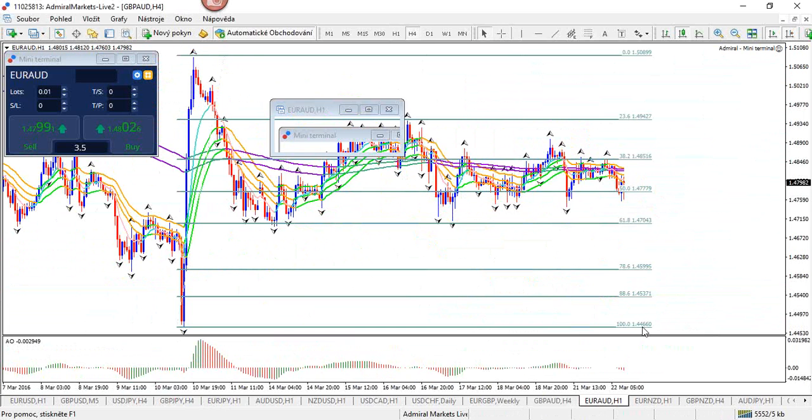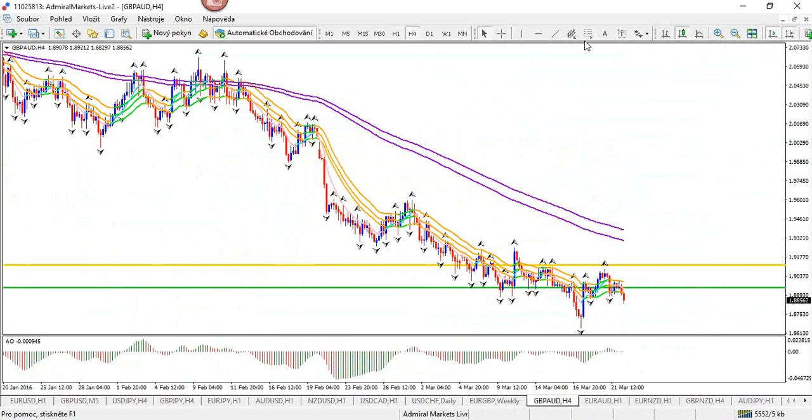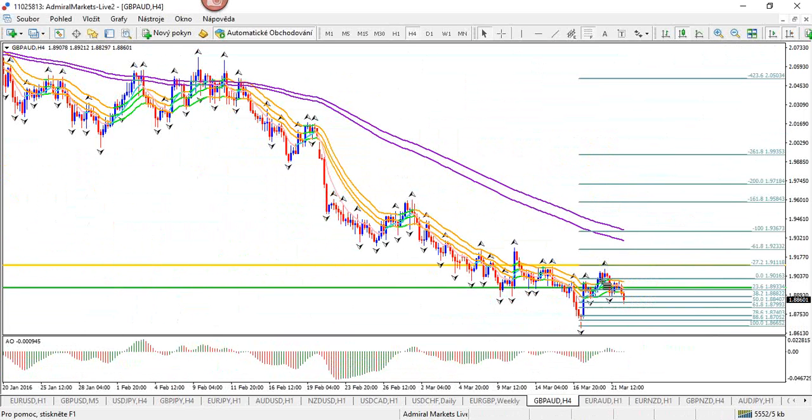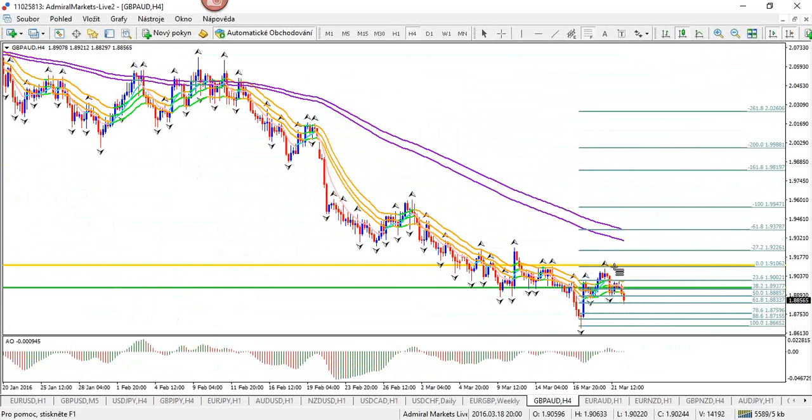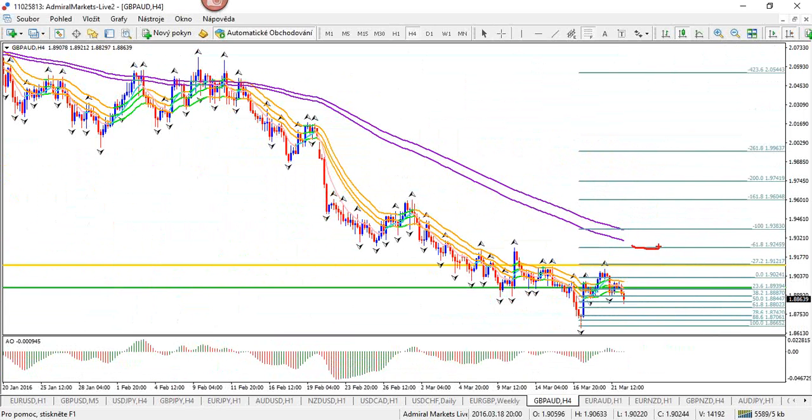The pound Aussie, I would love to short, but I would like it to go up to, for instance, 192 or 193.50. Those are levels I would really find interesting to look for shorts.